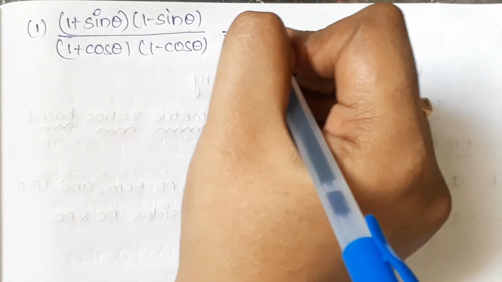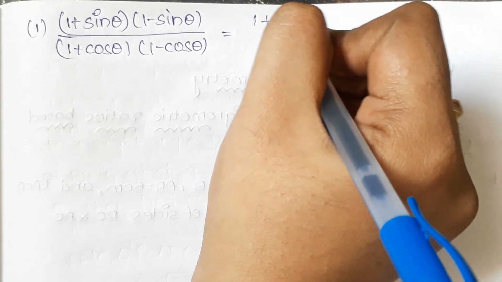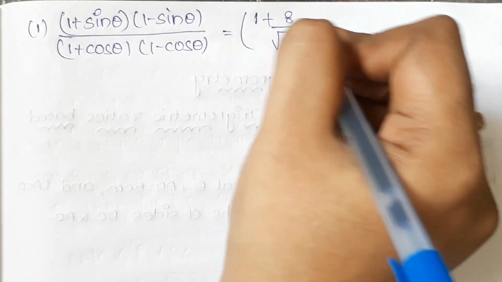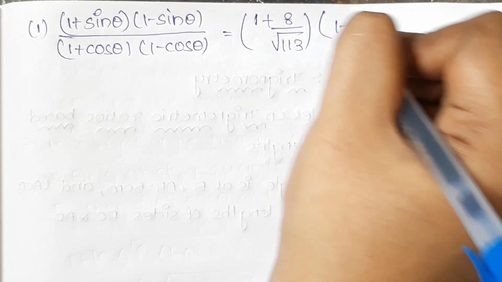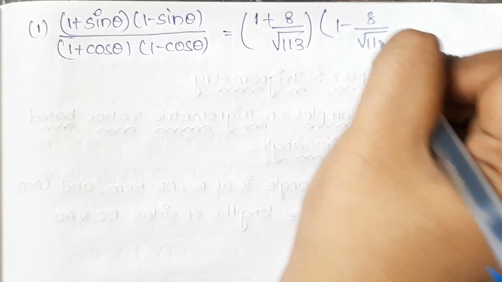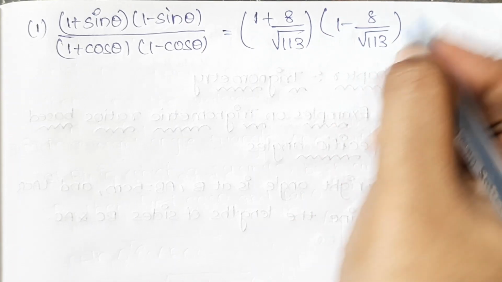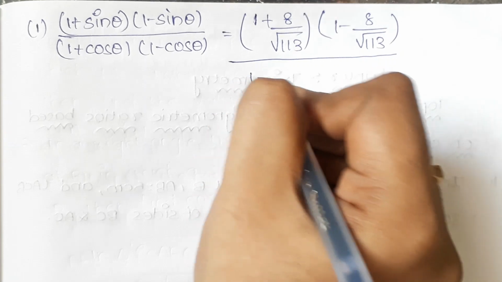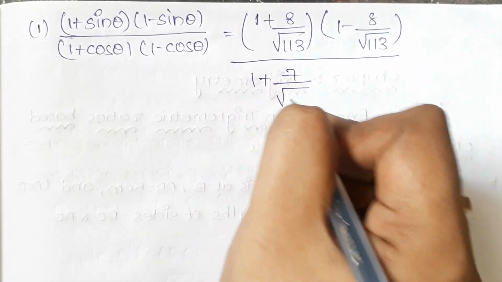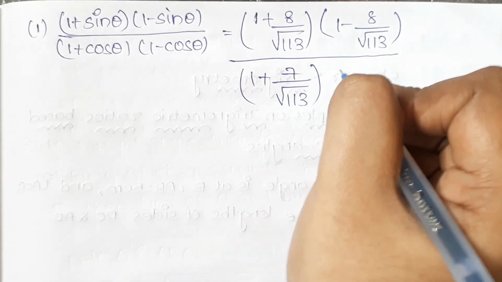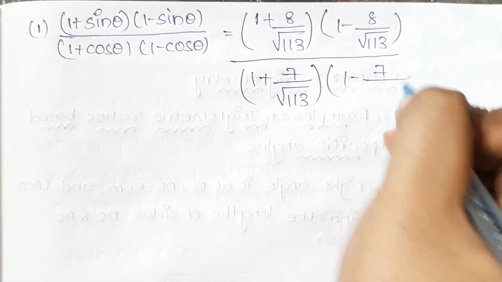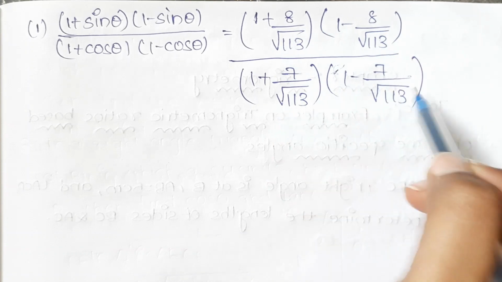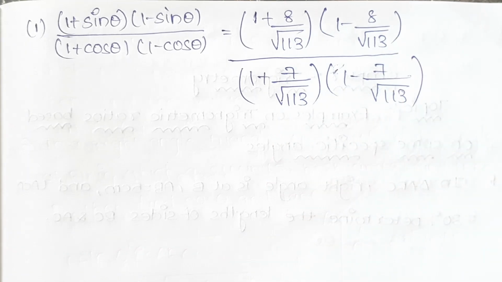That is 1 plus 8 by root 113 into 1 minus 8 by root 113 divided by 1 plus 7 by root 113 into 1 minus 7 by root 113. This is the sin and cos values distributed.